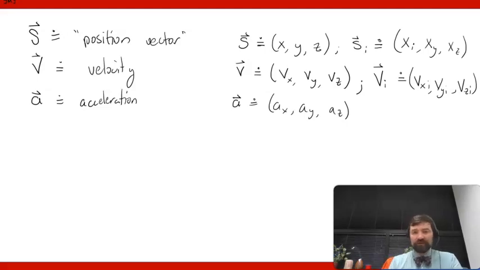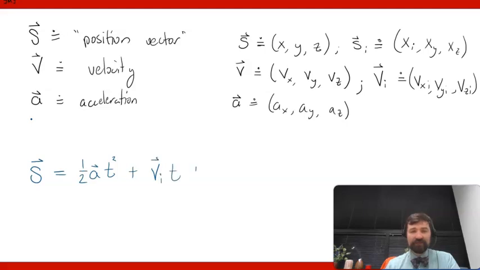Okay. Well, as it turns out, in motion with more than one dimension, it's still valid to say something like position at some time is given by 1/2 of acceleration times time squared plus initial velocity times time plus initial position.